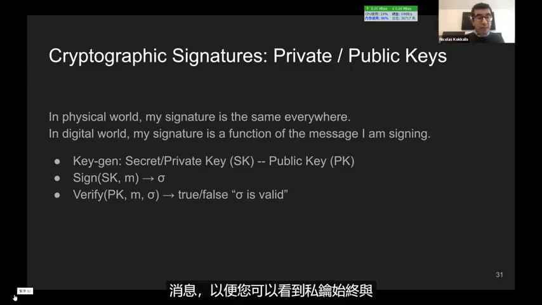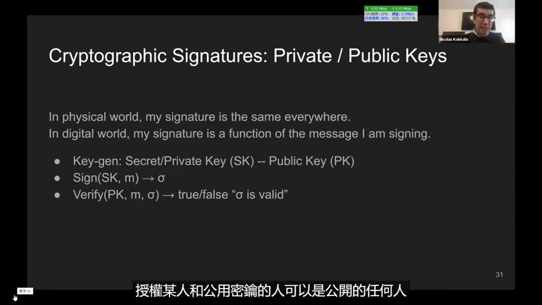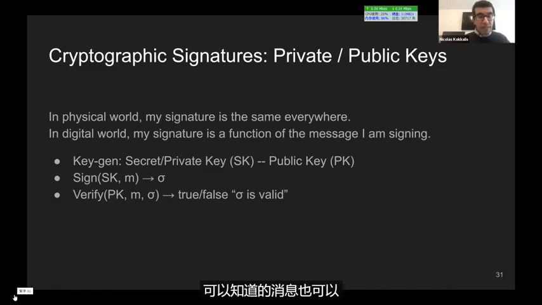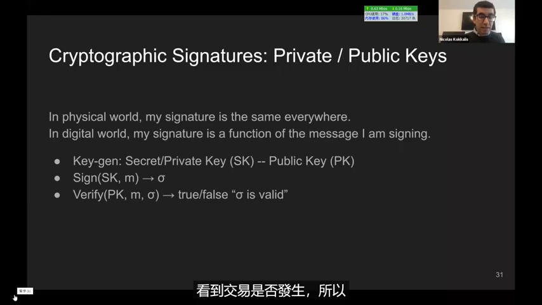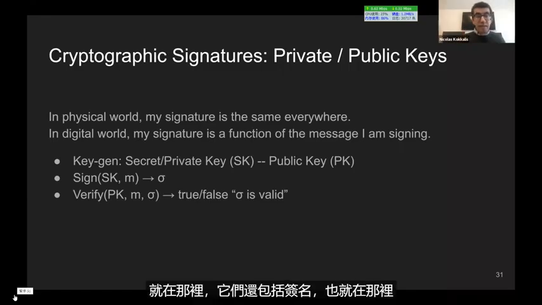So as you can see, the secret key always stays secret with the person who is authorizing something, and the public key can be public. Anyone can know about it. The message can also be public, like, for example, on the blockchains. Most public blockchains have completely public data so that you can see that a transaction happened or not. So it's right there. And then they also include the signatures.